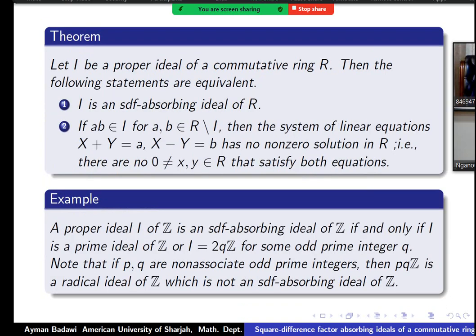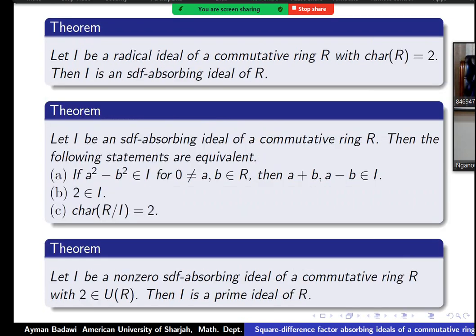Okay, that will make some of the work easier. Look at this result: if I is non-zero and 2 is a unit, meaning an invertible element, then I has to be prime.